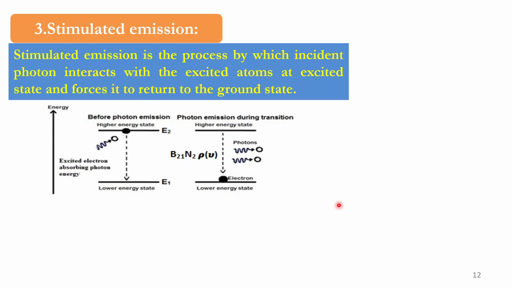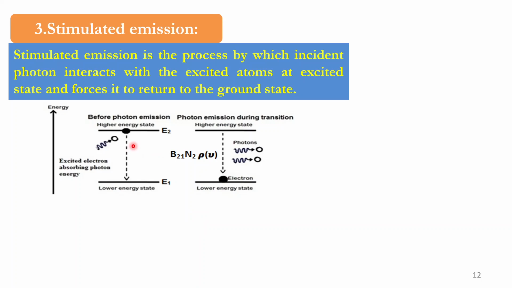That means if the incident photons interact with the atoms which are in the excited state, there is a transition from the excited state to the lower energy state, the ground state, and during that there is an emission of radiation.